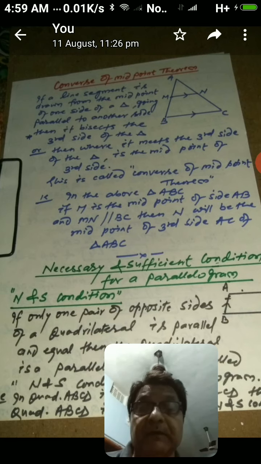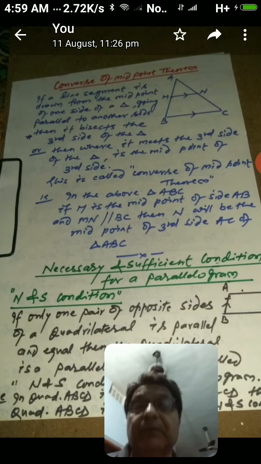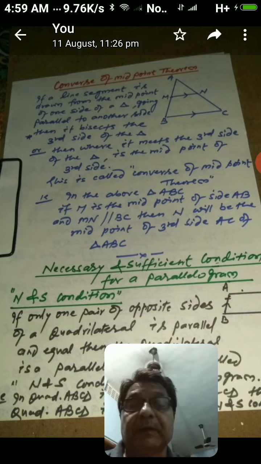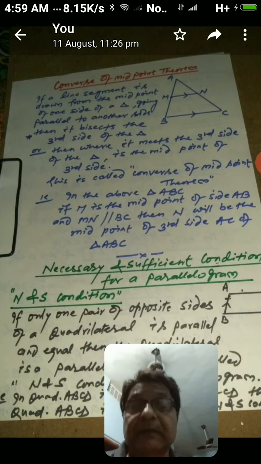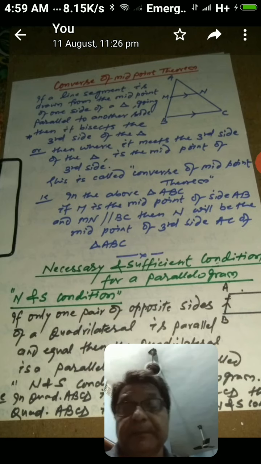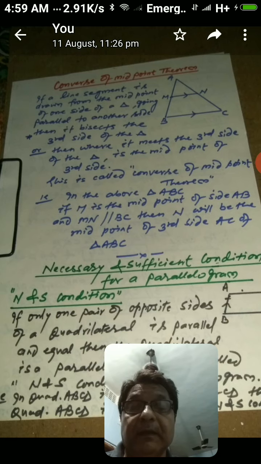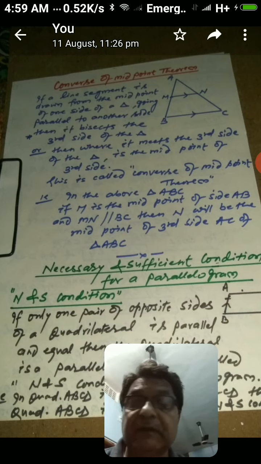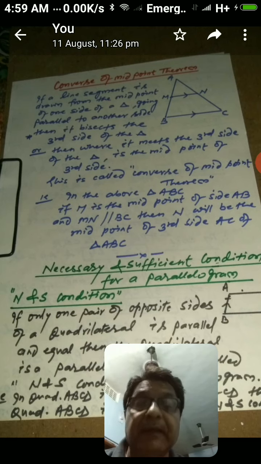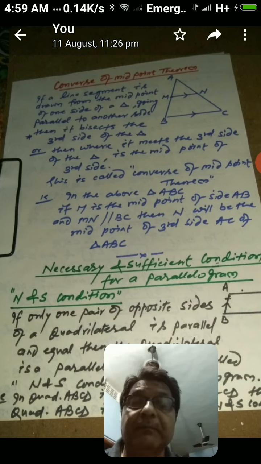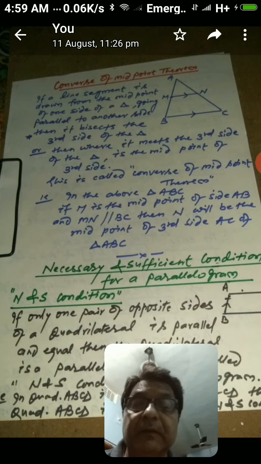So let us try to understand what the converse of the theorem is. Here the statement is like this: if a line segment is drawn from the midpoint of one side of a triangle going parallel to another side of the triangle, then where it meets the third side is also the midpoint of the third side.